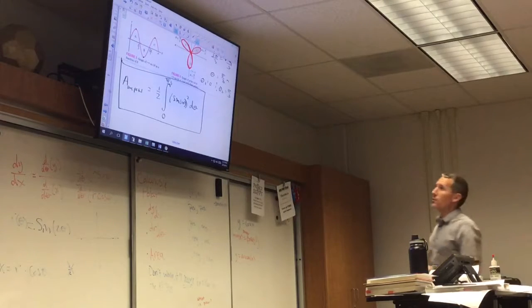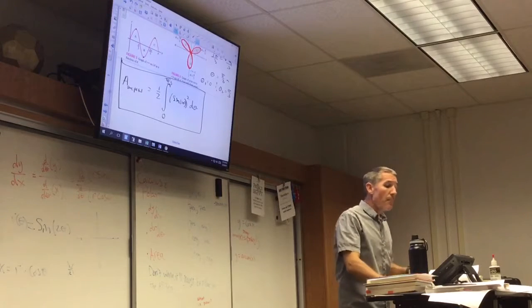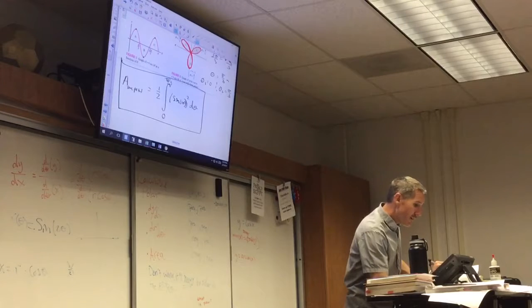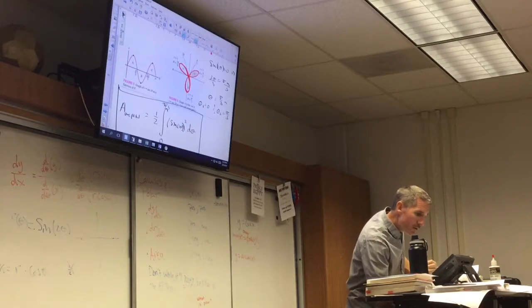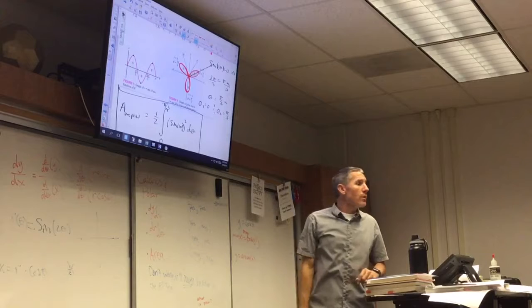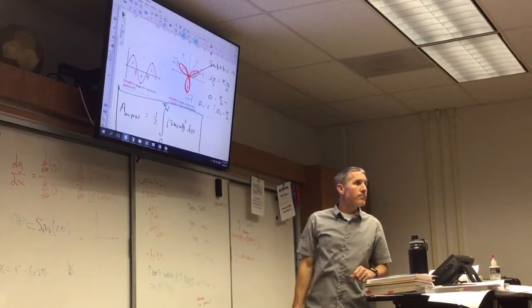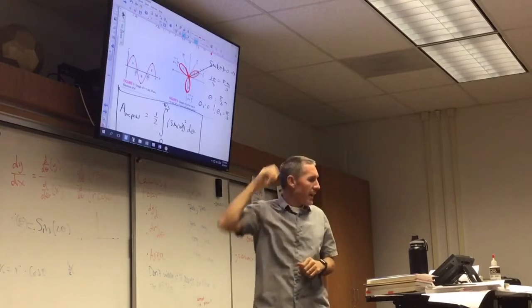What others would do is they would say, it sure looks like pi over 6 divides that up into two equal regions, or regions with equal area.